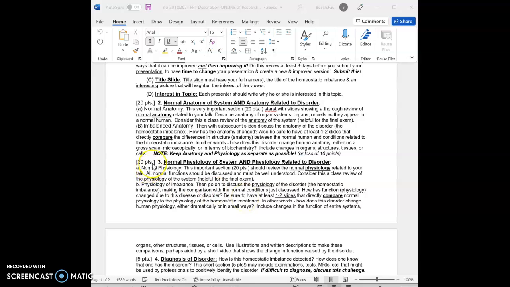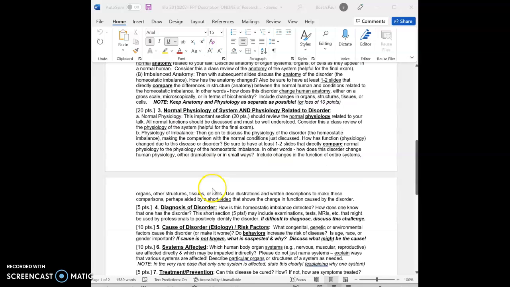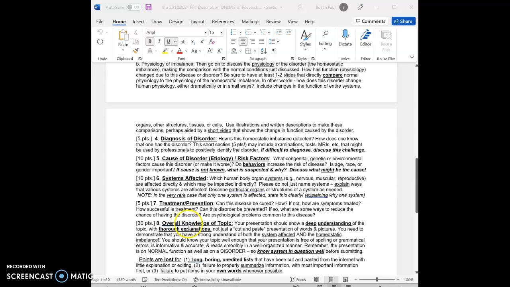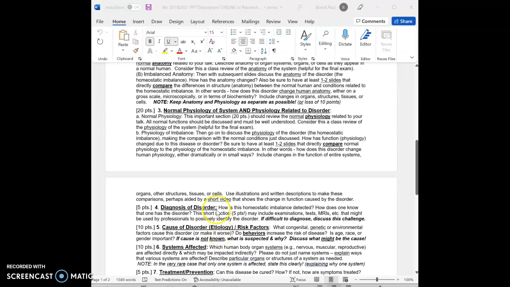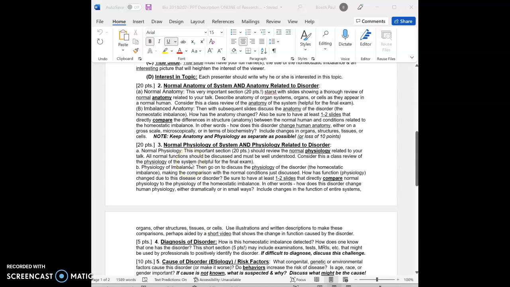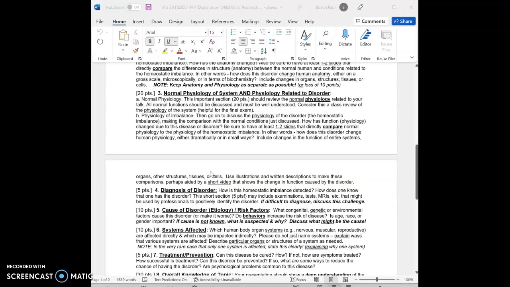So it's 40 points, but this really counts very largely for another section down here that says overall knowledge, so 30 points. So really 70 points of your 120 come from these areas: knowing anatomy, knowing physiology, and knowing how they're different.